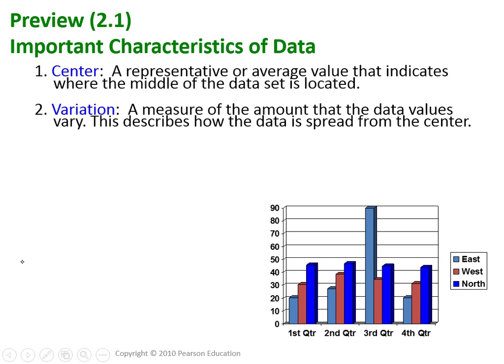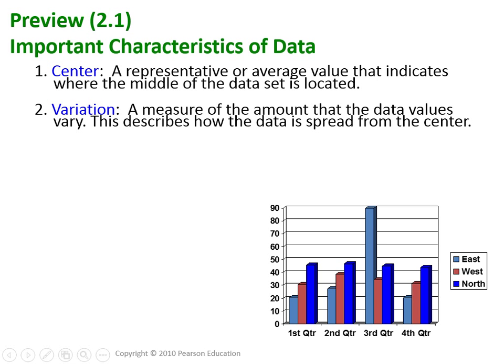So center tells me something about the data. The variation tells me something about the data. That is a measure of the amount that the data values vary. This describes how the data is spread from the center. When you're looking at a lot of data, is all of it really close together, or is it spread really far out?